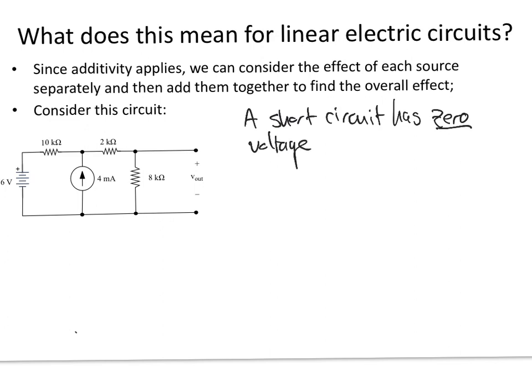So what we effectively want to do is we want a voltage source to become 0 volts, and so to turn off a voltage source so that it doesn't affect the circuit, we replace it with a short circuit. So we turn off a voltage source by replacing it with a short circuit.